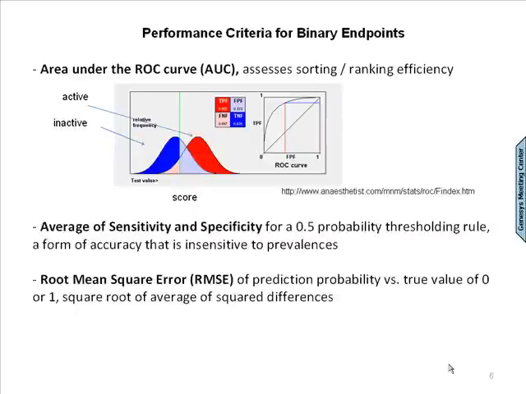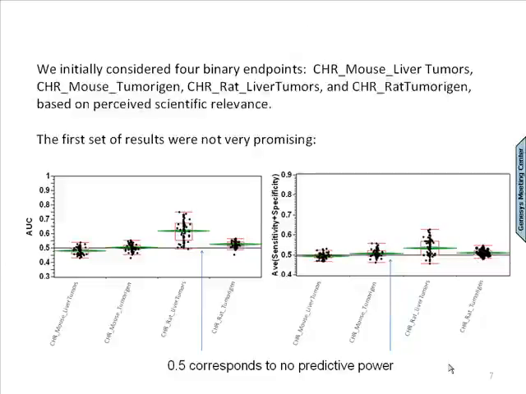And you might get it correct 90% of the time just because that assay only gave 10% hits. So this is designed to combat that potential source of bias. And then one final metric is called root mean squared error. That's a more statistical type, which I tend to like because it directly measures your prediction probabilities against the truth and adds them up. So we'll look at all 3, and there are a few others.